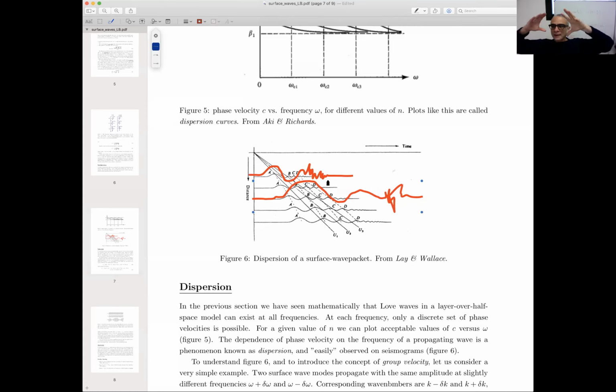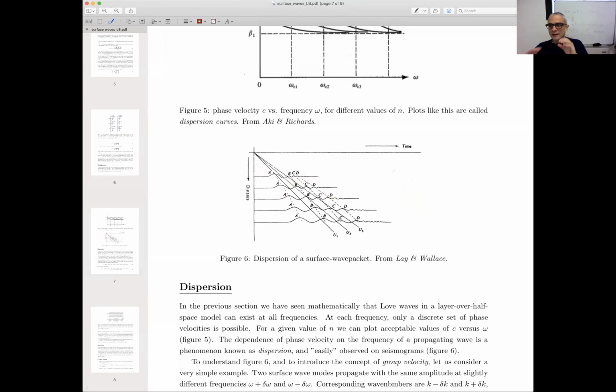Okay, so the phases associated with different frequencies are farther and farther separated in time as we stand farther away from the source. And this is a phenomenon that's called dispersion.